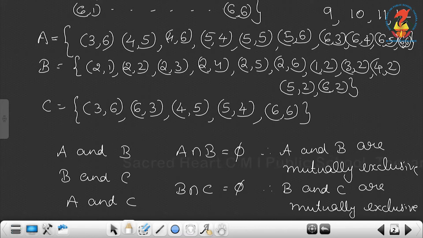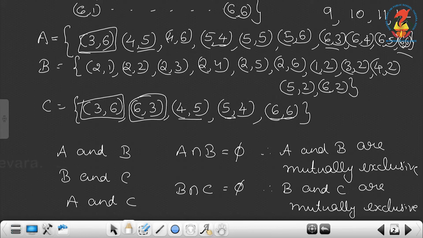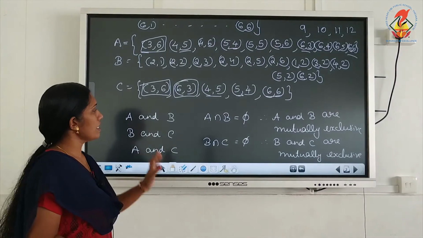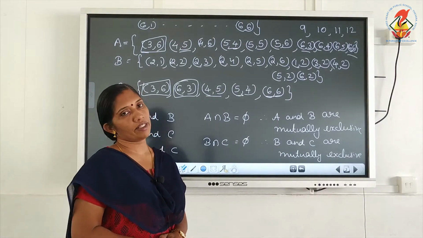Now A and C. Look, the first element is common to both, like that 6, 6, 6, 3, 4, 5, 5, 4. So C is a subset of A, so A and C are not mutually exclusive.